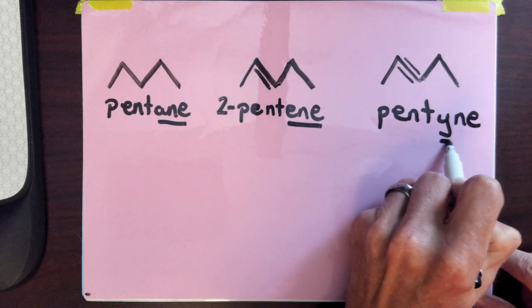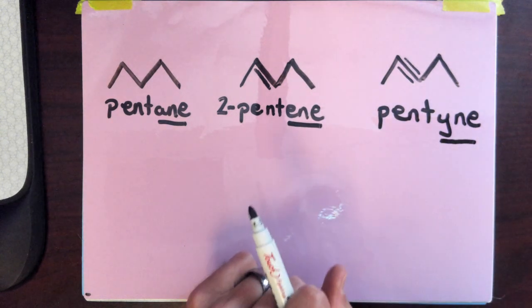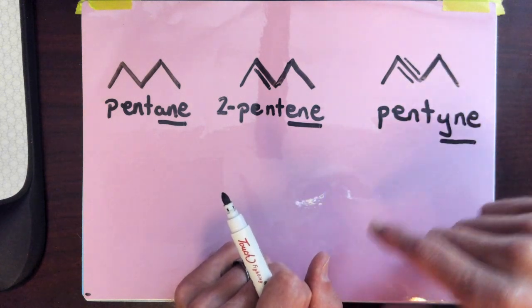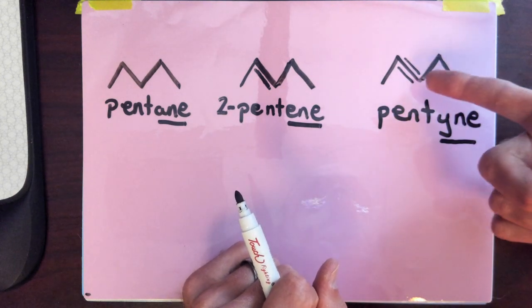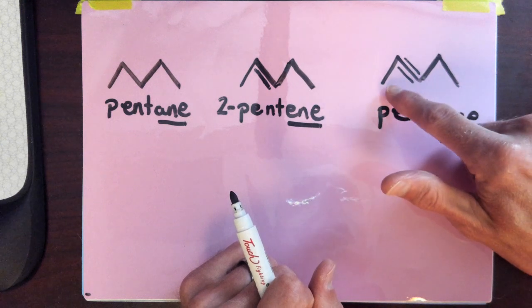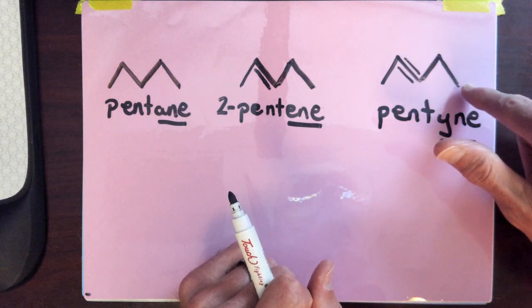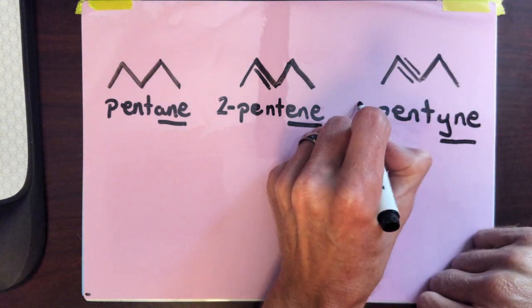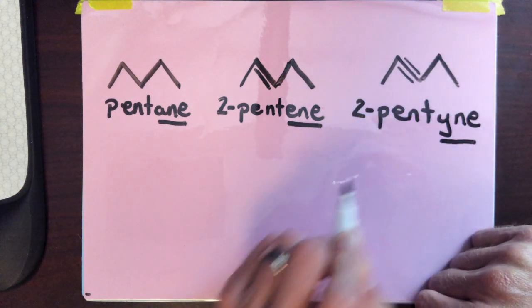We have the yne suffix for triple bond designation. And again, we need to tell the location of the triple bond. So carbon 1, 2, 3, 4, 5, or number 1, 2, 3, 4, 5. We want to give the lower value. So 2-pentyne.